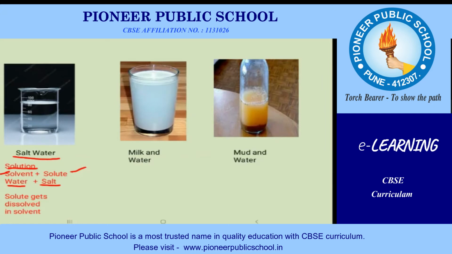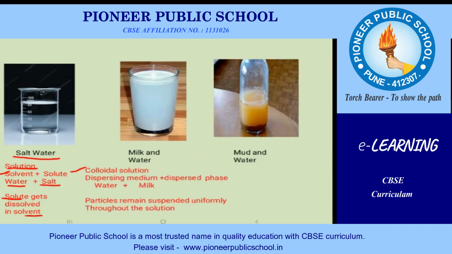Now dear students, the solute gets dissolved in the solvent. You have to remember that when you are thinking about a solution, it is a uniform mixture, a homogeneous mixture, and the solute gets completely dissolved in the solvent. Now let's take the next explanation of milk and water. This is a colloidal solution where we have a dispersing medium and a dispersed phase.